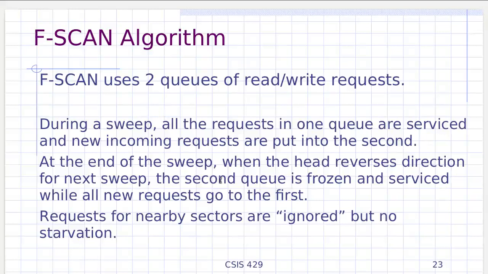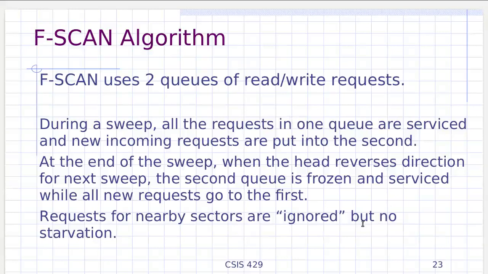So you can think, let's say you're moving from the outer to inner, that's the first queue. The inner to outer direction will be the second queue, and then you go back to the first queue for the outer to inner, and so on, back and forth. So requests for nearby sectors are ignored, and so there's a little bit of delay. That's not so bad compared to starvation. So there's no starvation.